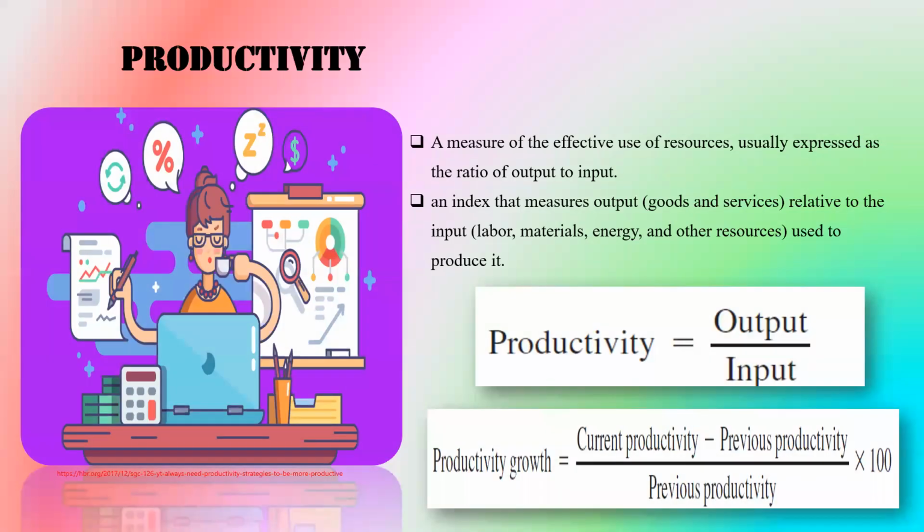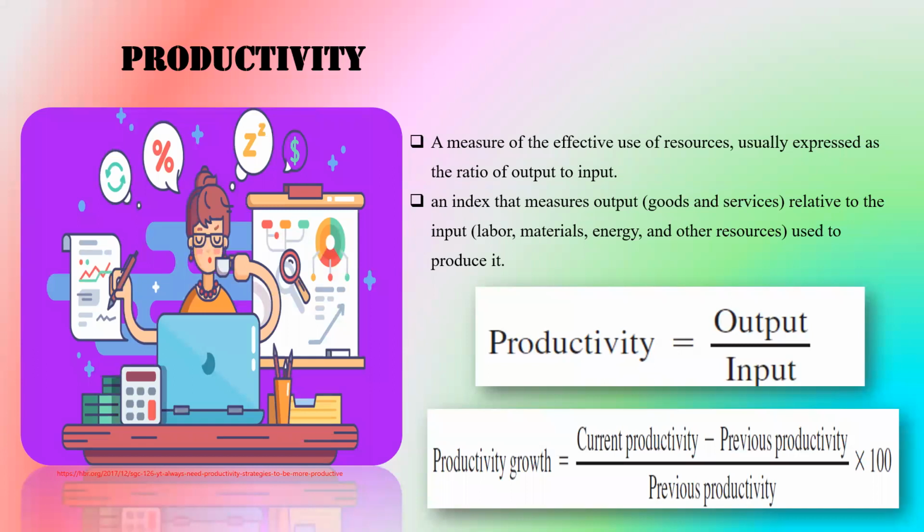So productivity. What does it mean by productivity or being productive? Productivity is a measure of the effectiveness of resources, usually expressed as the ratio of output to input.